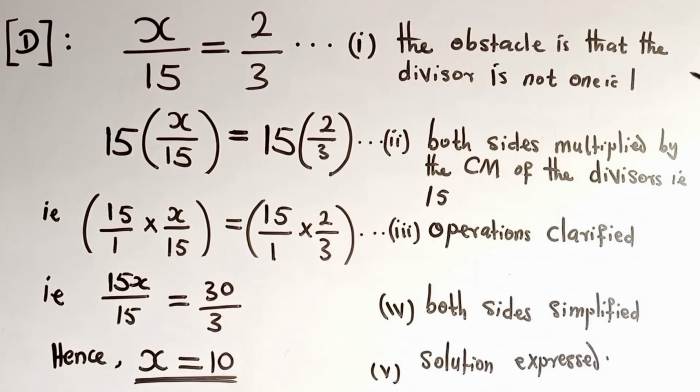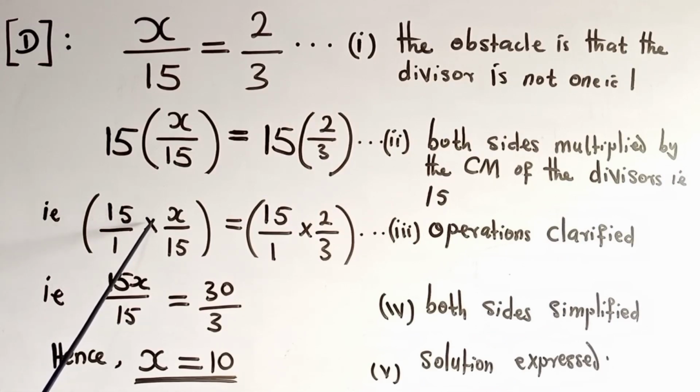By doing this, both sides are now multiplied by the CM of the divisors. That CM is 15 here. All right. We have to clarify the operations here. This 15 bracket x over 15 is the same thing as saying 15 over 1 times, because we have learned earlier that between this number and the bracket there is a sign. That sign is a sign of multiplication, but not shown.